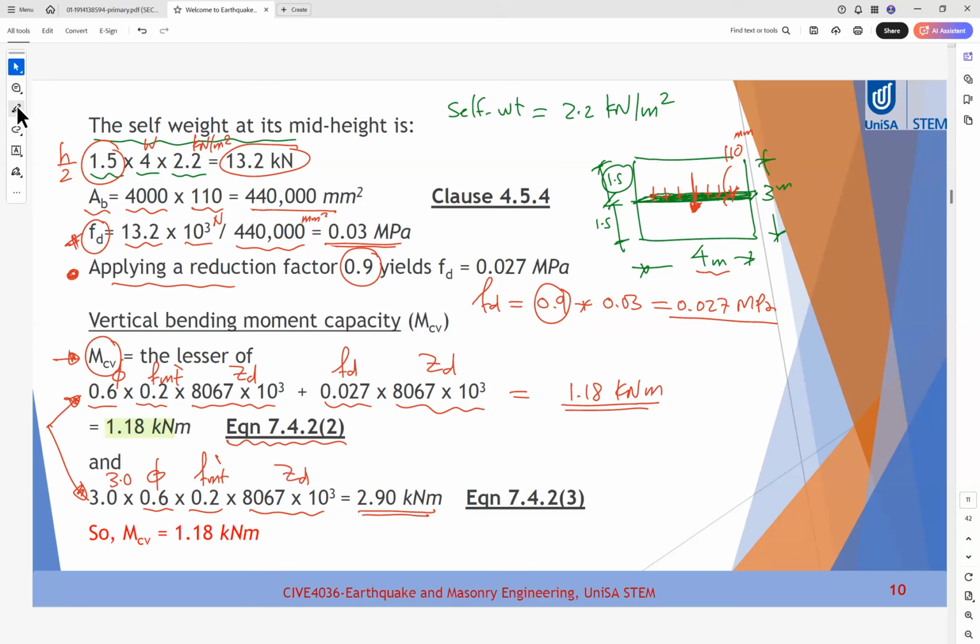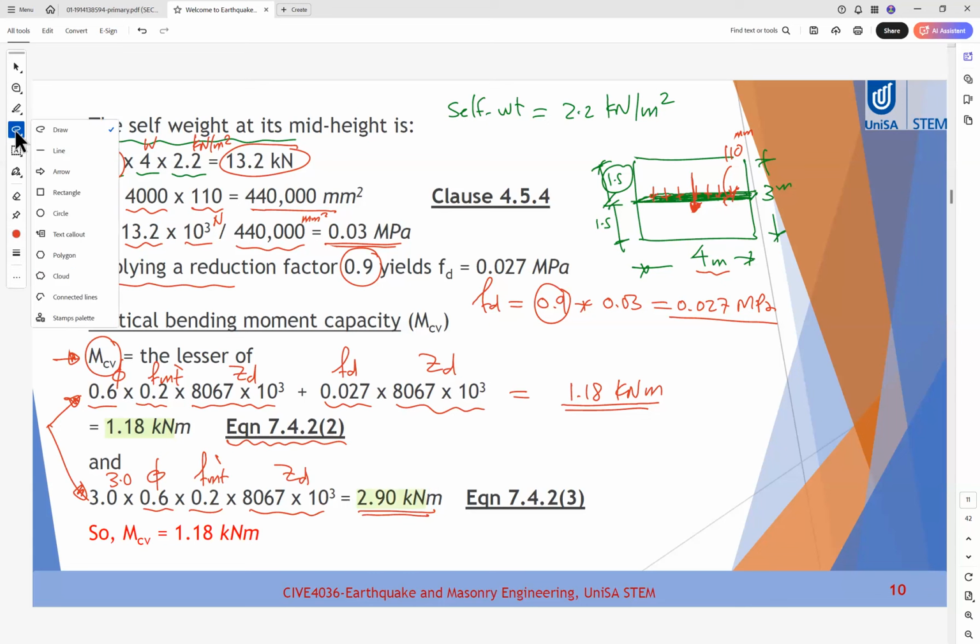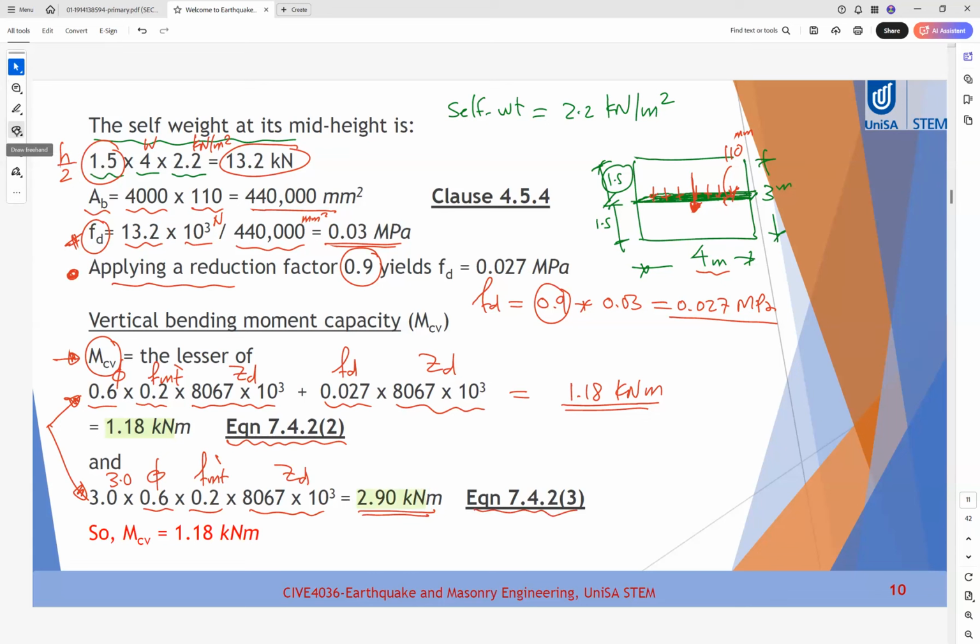So the second value we have is 2.9 kilonewton meter, and this formula is 7.4.23. So the value MCV, the final value, will be the lesser of 1.18 and 2.9, so it will be 1.18.